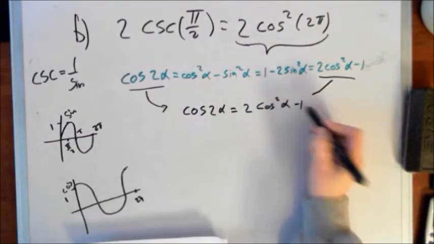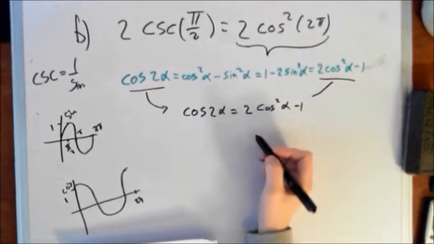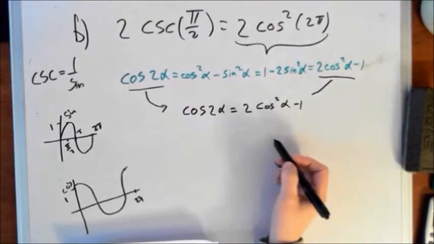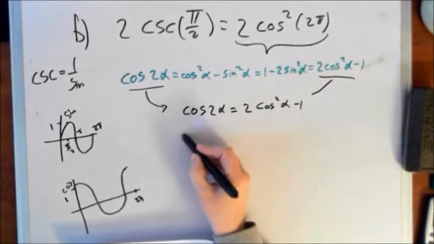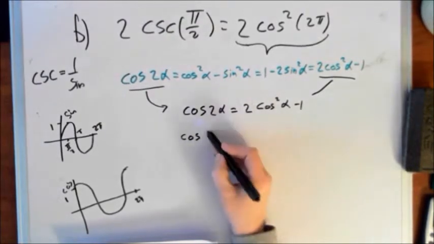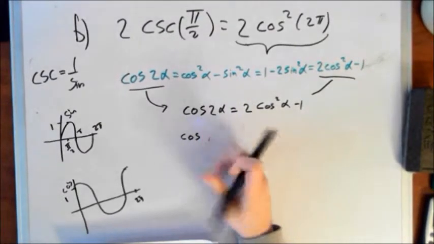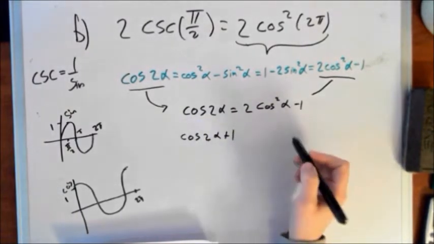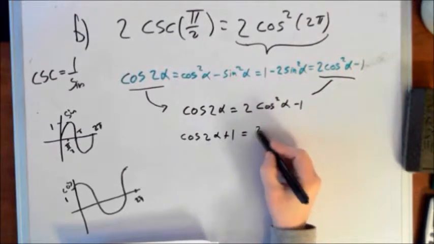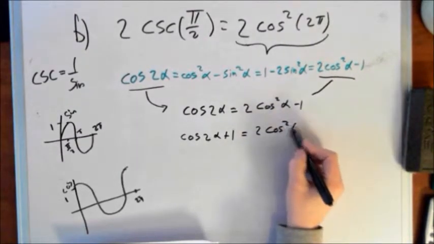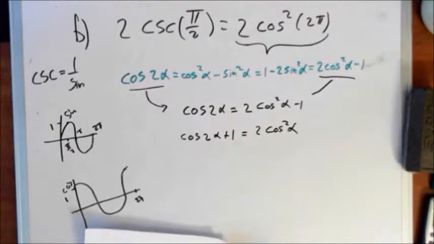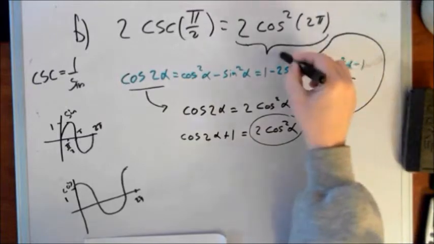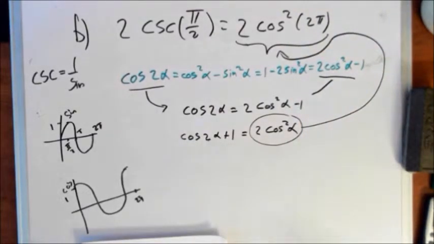Well, let's see if we can rewrite this function over here. So I could move the 1 over, and I could get cosine 2 alpha plus 1 is equal to 2 cosine squared alpha. Well, hey, check it out. This looks just like this, right?